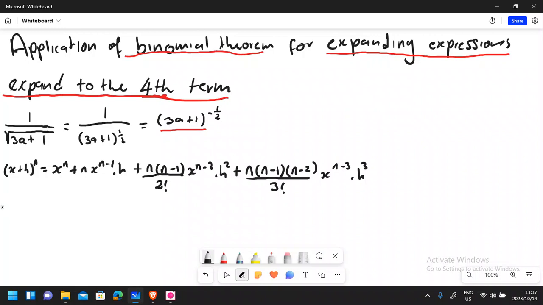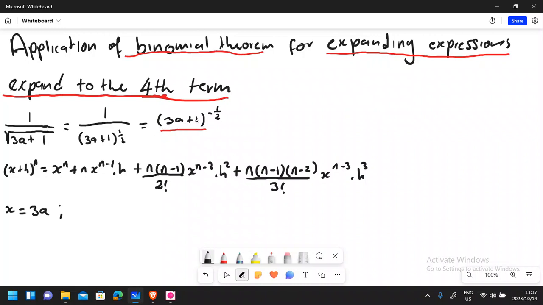So to make your life easier, again, you have to look at our expression here. Look at this expression where I underlined with the red line. As you can see, x is going to be 3a, meaning wherever there is x in our expansion, we're going to substitute with 3a. Okay, now let's go back and check again on this expression with the red line.